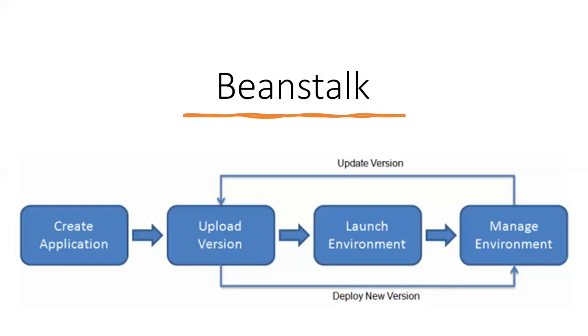A single environment can run only one version of your application. You can deploy your new version over the top of an existing application environment, say your production. However, you also have the flexibility to deploy to alternative environments like development, staging, or testing environments. Each environment will have a unique URL to access the running application.